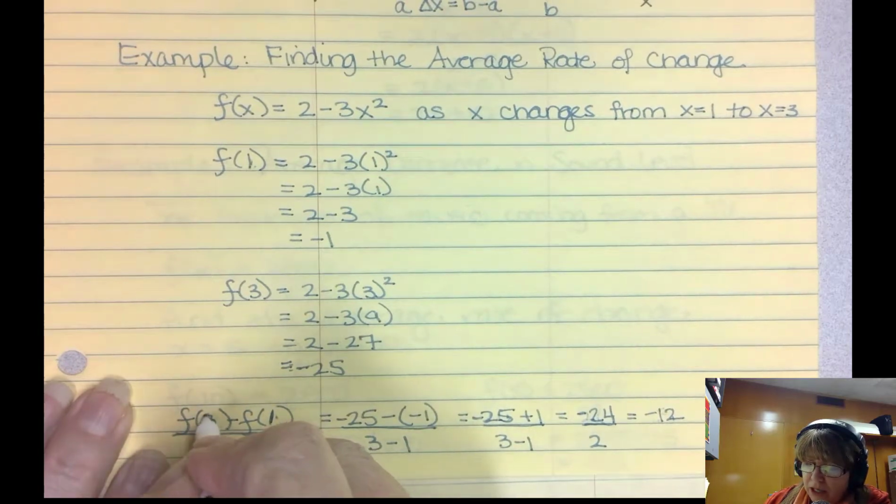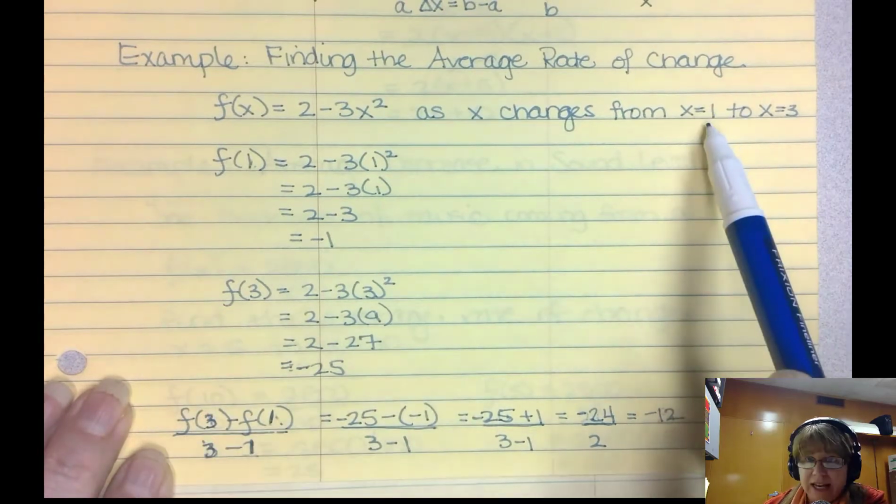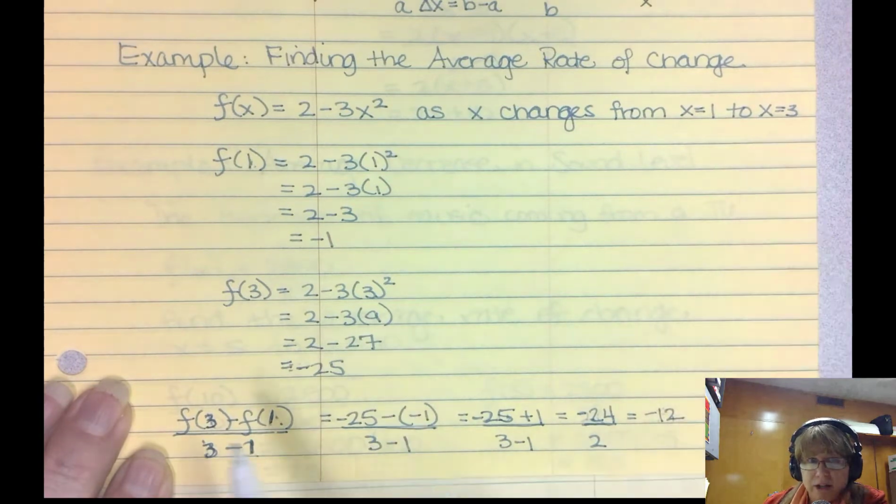So I'm just putting in all the values that I'm given. Now f of 3 was negative 25 minus f of 1. Well, f of 1 is negative 1, so I have this double negative here, and that's over 3 minus 1. The double negative becomes a positive, so negative 25 plus 1 all over 3 minus 1.